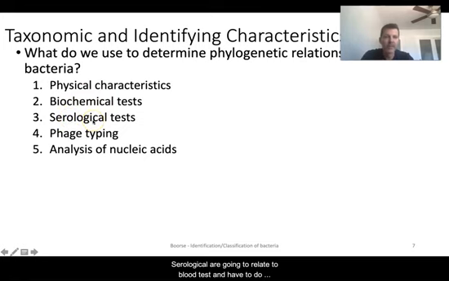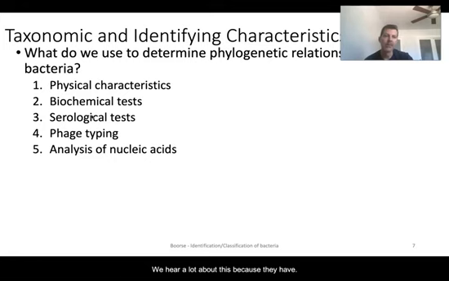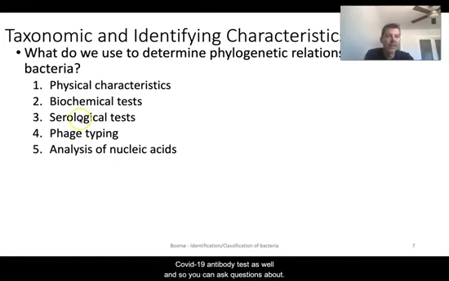Serological are going to relate to blood tests and have to do with the generation of antibodies. We hear a lot about this because they have COVID-19 antibody tests as well.